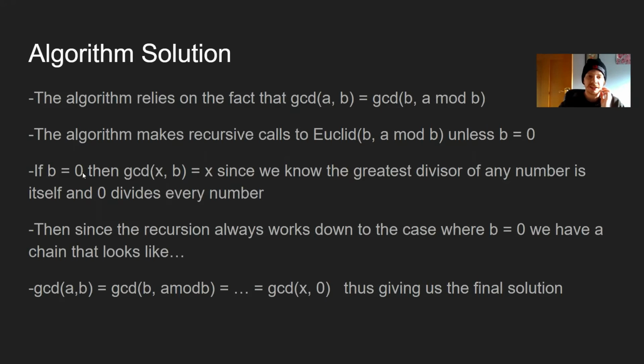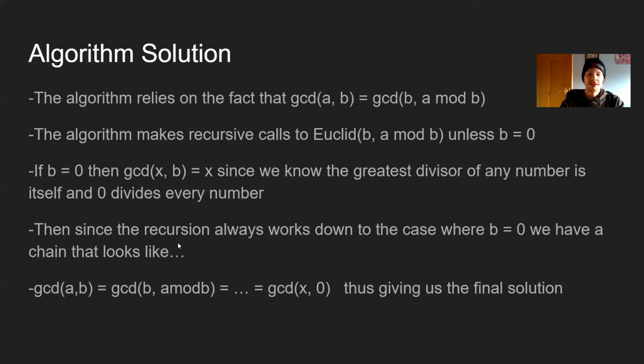And if B is equal to 0, we know how to calculate the greatest common divisor of some number X and 0, since the greatest common divisor of X and 0 will always be X. The greatest divisor of any number X is that number X, and every number divides 0. So it follows pretty quickly. The greatest common divisor of X and 0 will always be X.